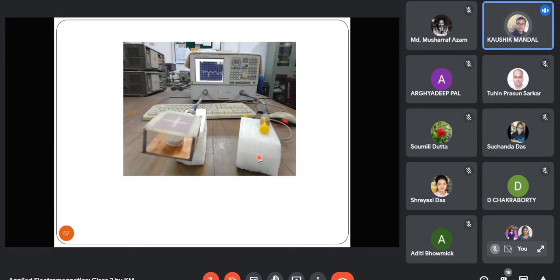This is a simple measurement of the S11 parameter of an antenna. This is a 40 gigahertz, 2-port vector network analyzer. As you are using only one port, the other port is terminated by a 50 ohm matched load. At the other port, you have connected your test antenna, and this is the S11 plot.